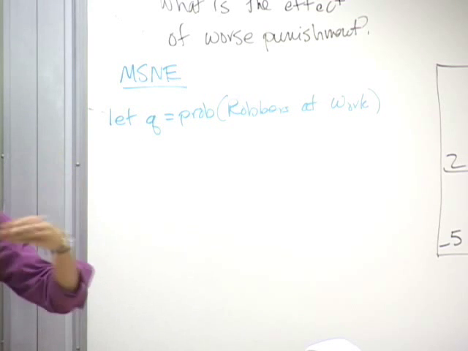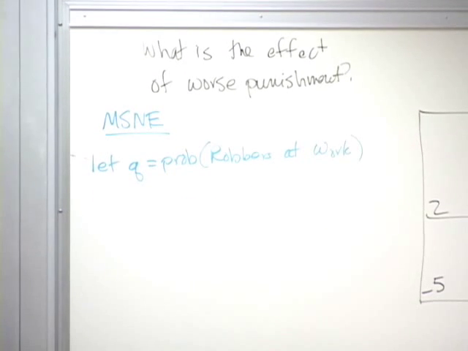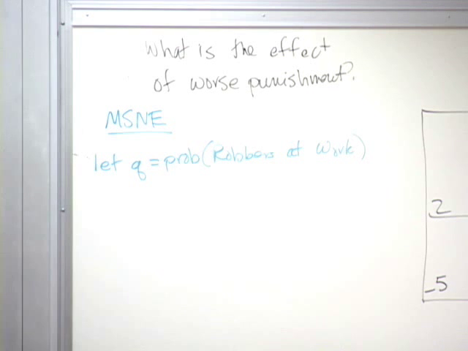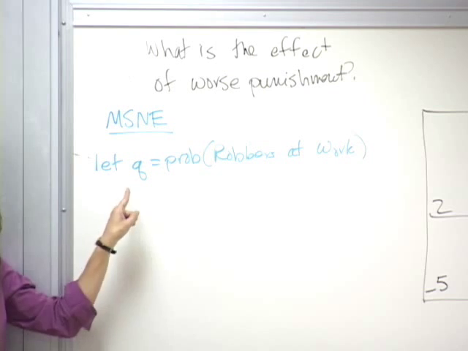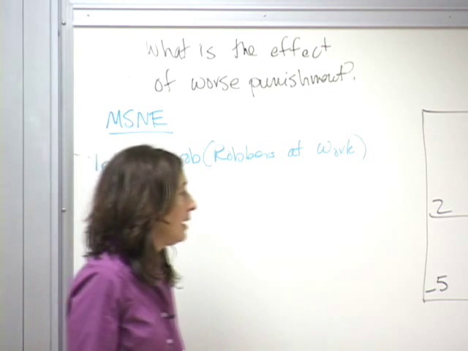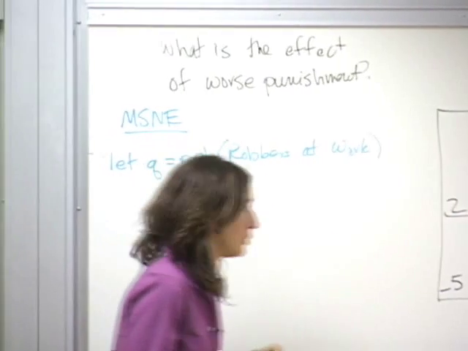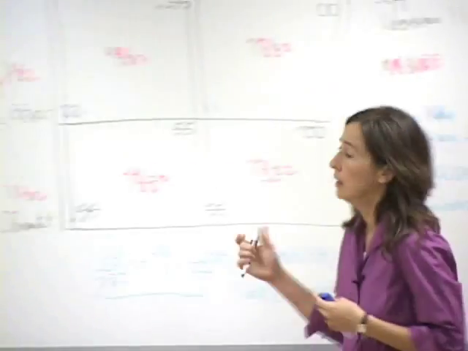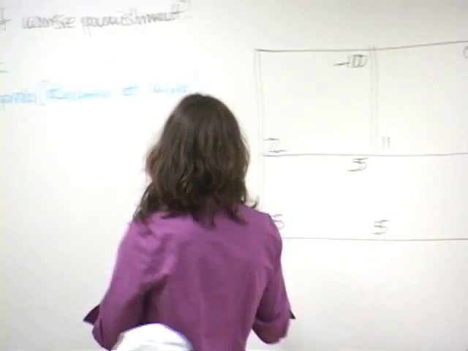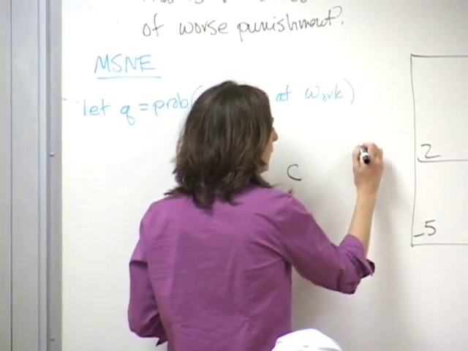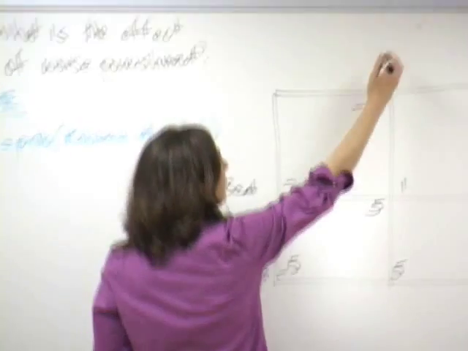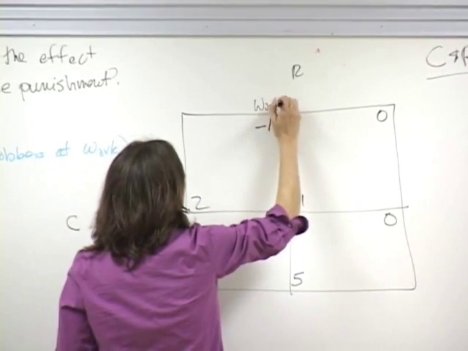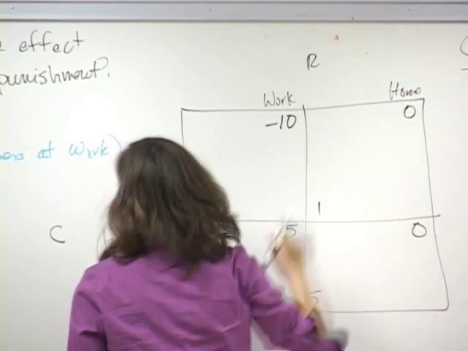This is the part of the mixed strategy equilibrium that's going to tell us what the probability of crime is. As before, we find Q by finding the value of Q that is going to make the cops indifferent between their pure strategies. And let me, in the interest of completeness, put the cops' 2 strategies up here again. Okay, so cops can be on the beat, they can be at donuts, robbers, work, or home.